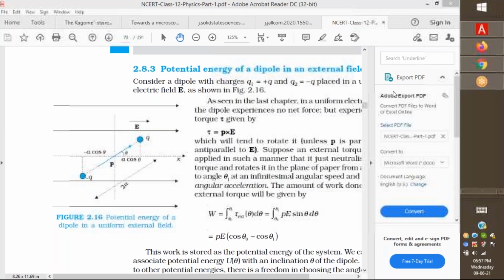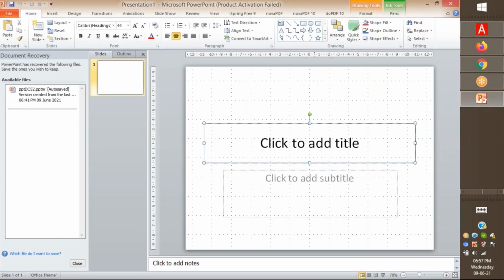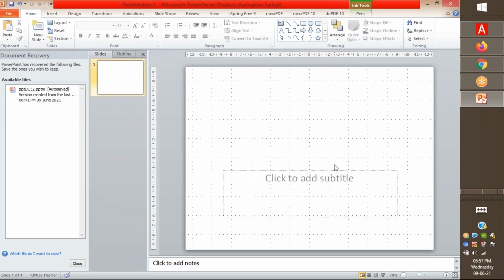So we have so far learned that an electric field exerts a force on charges, right? It will exert a different type of force for different types of charges. That means if you have a negative charge, it will attract, and if you have a positive charge, it will repel. That we have learned.